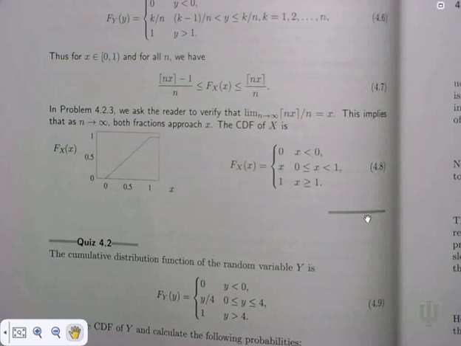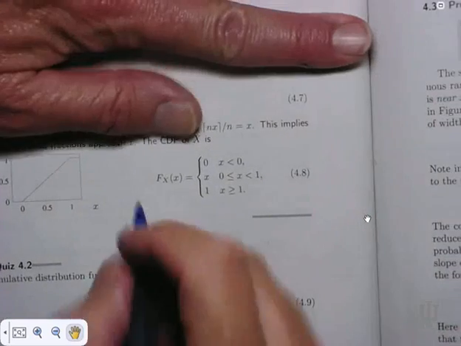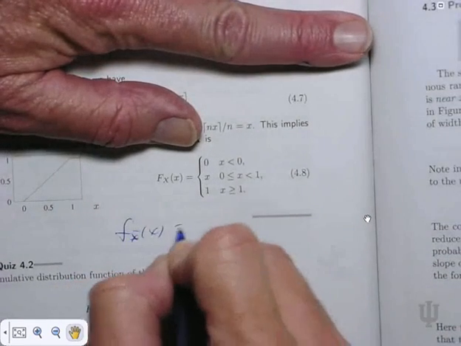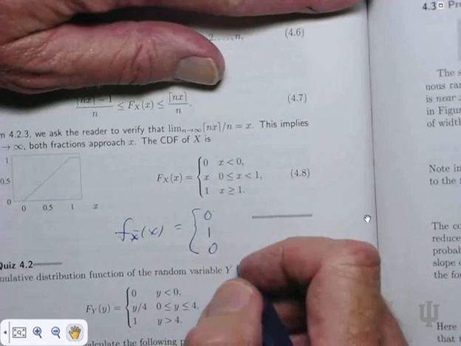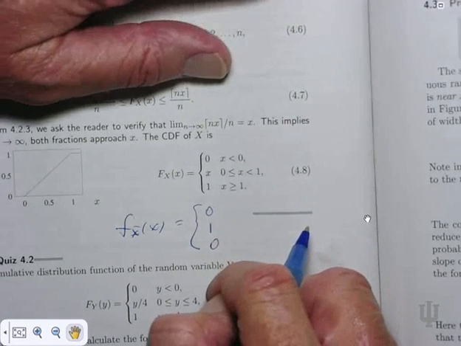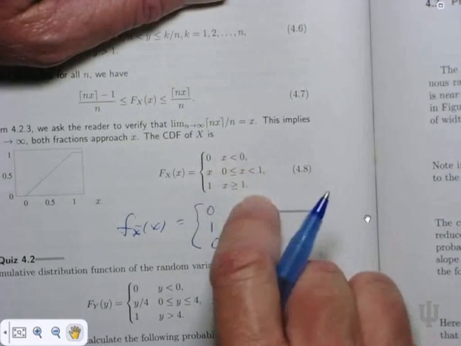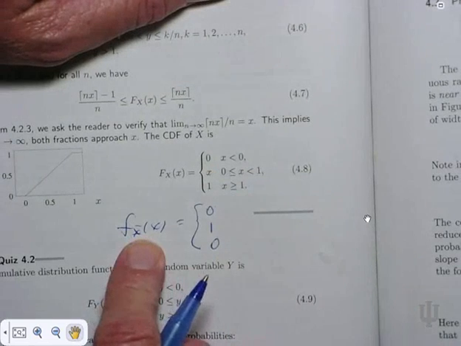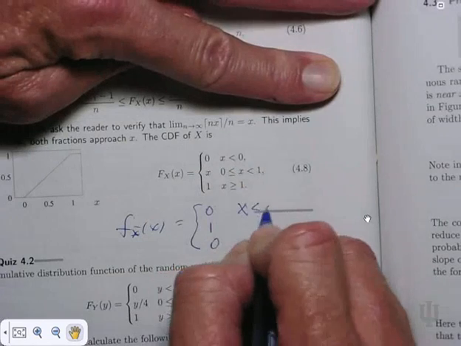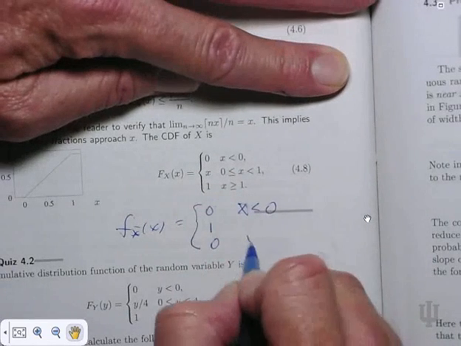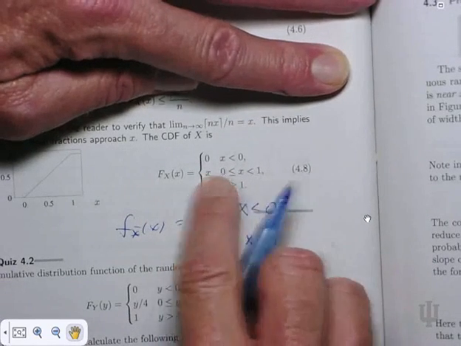The derivative of this is a very nice function. The derivative of 0 is 0, the derivative of x is 1, the derivative of 1 is 0. I remember having students do this, and they'd say, how do you get 3 derivatives? Of course, it's a piecewise defined function, right? Because this function was defined in pieces, the derivative function is defined in pieces. It's 0 when you're to the left of 0, 0 when you're to the right of 1, and 1 when you're between 0 and 1.